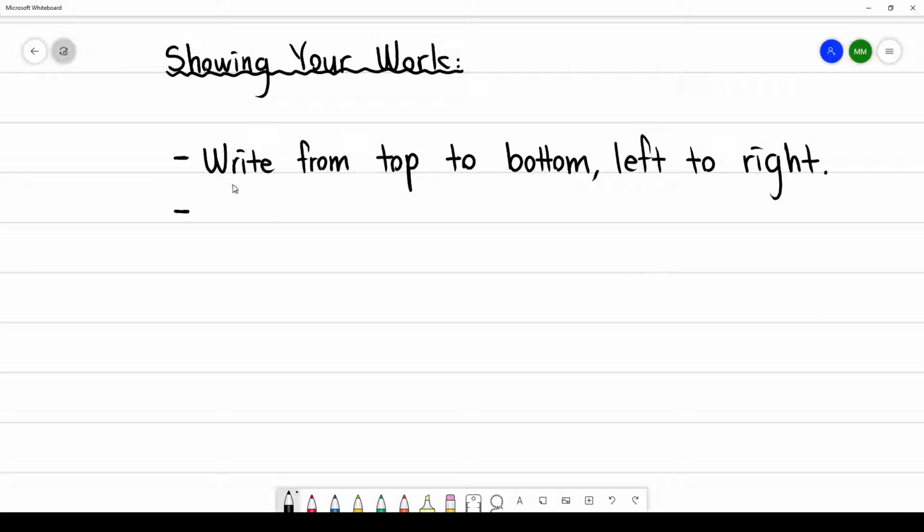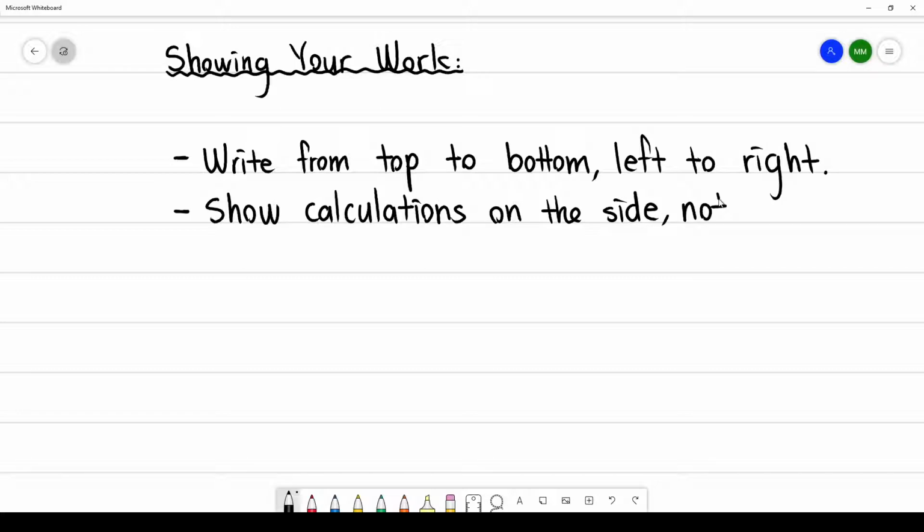And the other one is to show calculations on the side, not in the process. And I will show you what I mean later.